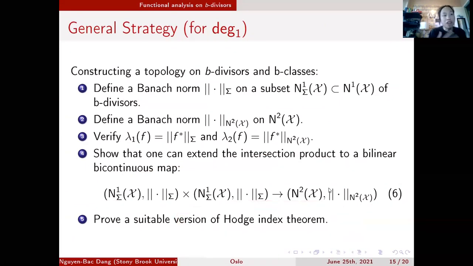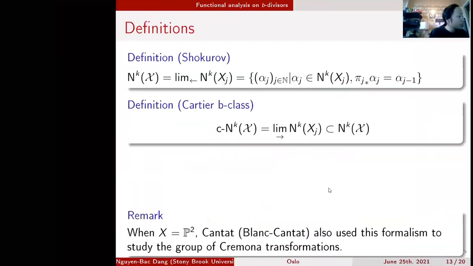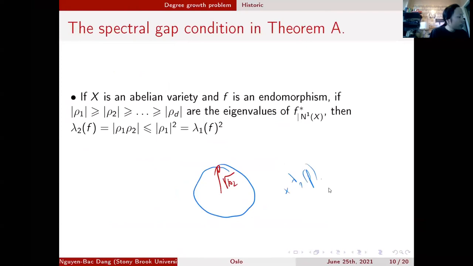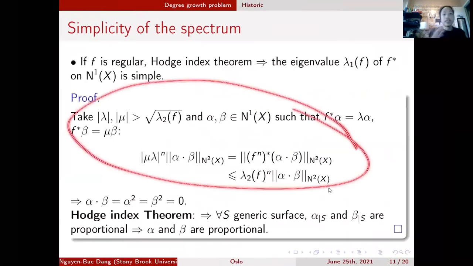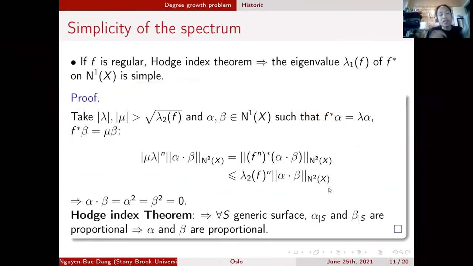I assume that you have step 4 and step 5 done. Then you can look at the argument that I did for the regular case, and it's going to work, how do I say, copy paste.